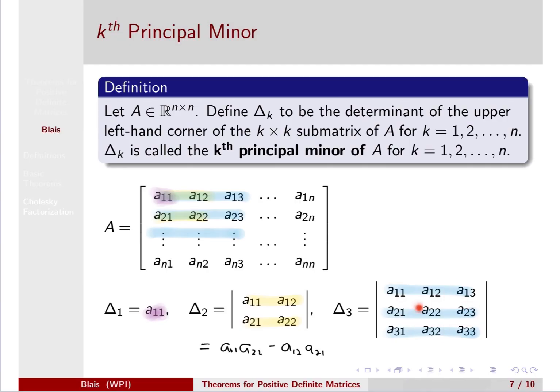For a 3 by 3, this breaks down into the sum of 3 2 by 2 determinants, and the 2 by 2s are computed this way. So this is how we define the kth principal minors of a matrix.